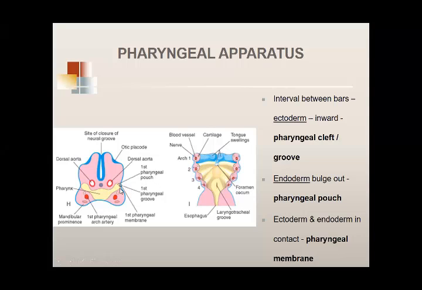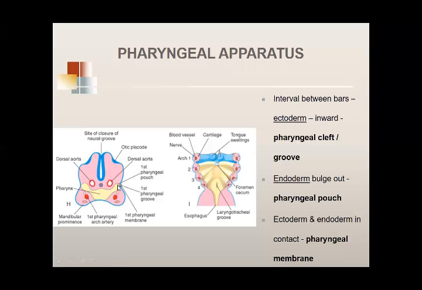ये देख लीजिए. This yellow is the endoderm lining the pharyngeal pouch. This blue is the ectoderm lining the pharyngeal groove, pharyngeal cleft. In between, there is some bit of mesenchyme.